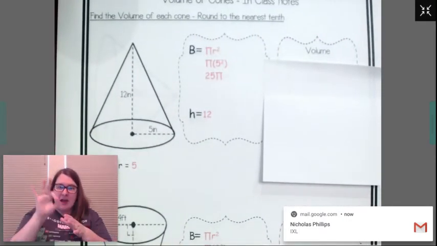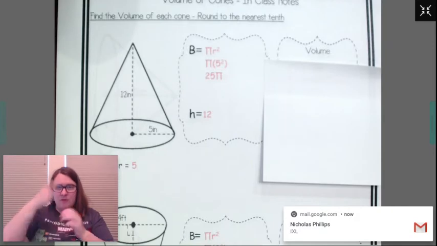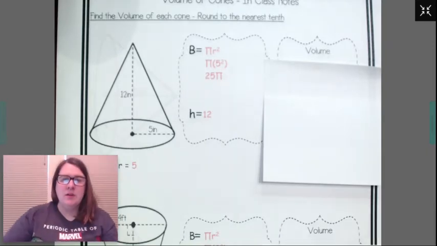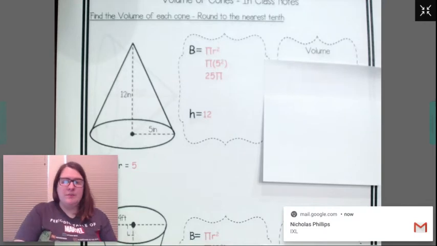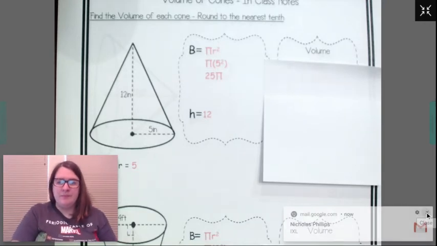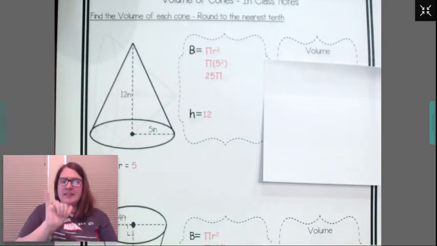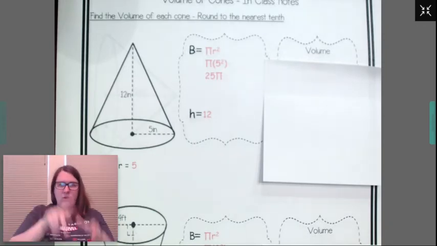Alright, so we're going to find the volume for these cones. So we have 3 steps, the same as all the other ones for volume.